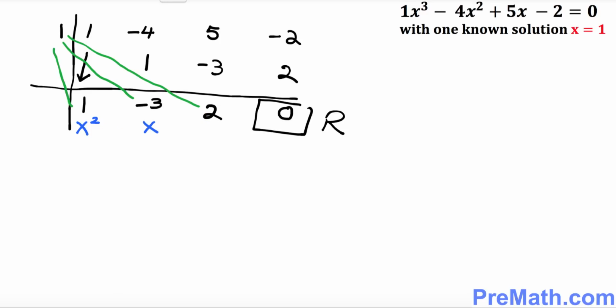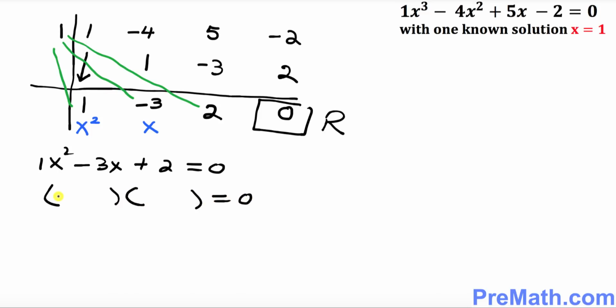So we get 1x squared minus 3x plus 2 equal to 0, which turns out to be a quadratic equation. So let's go ahead and factor it and solve for x. The possible factors are super easy: x minus 1 and x minus 2.